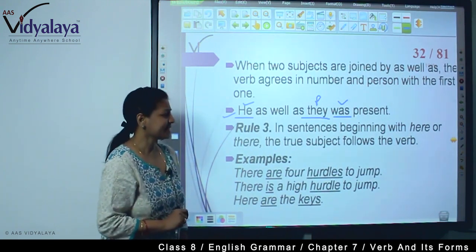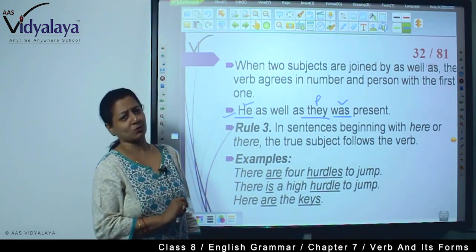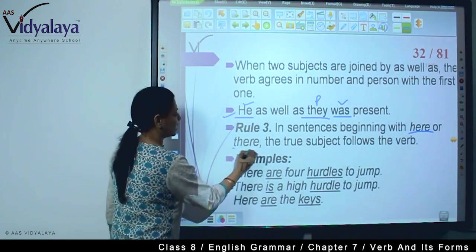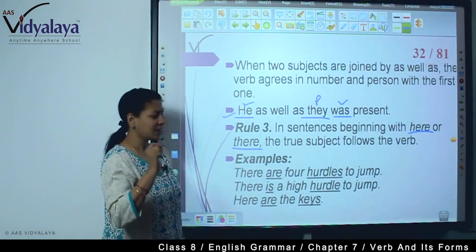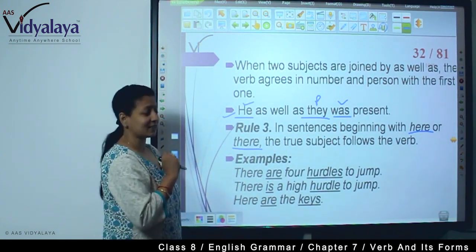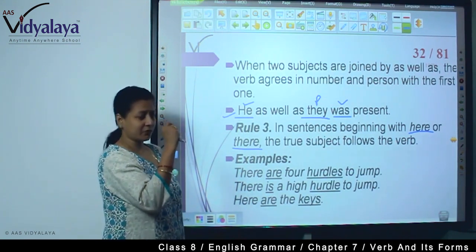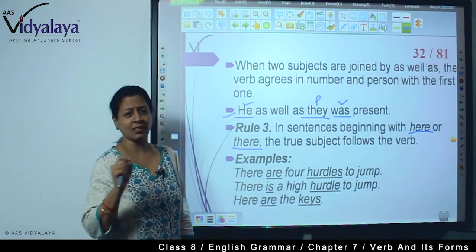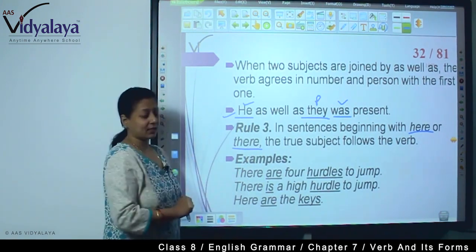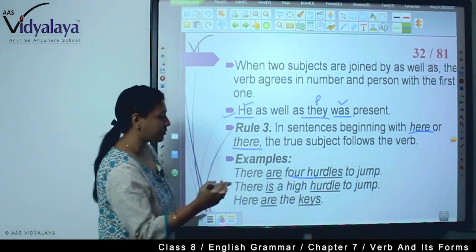Now, in sentences beginning with "here" or "there," the true subject follows the verb. When we start any sentence with "here" or "there," the subject is not in the front. As I told you when I started the session, the subject is not always in the front. The first word of the sentence is not necessarily the subject. "There are four hurdles."